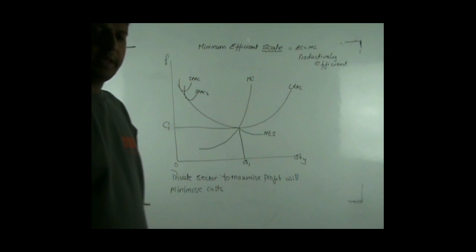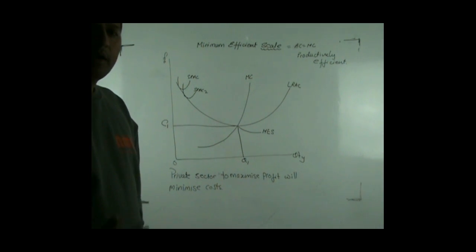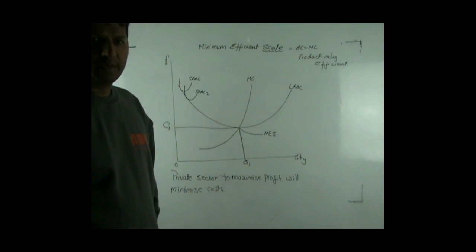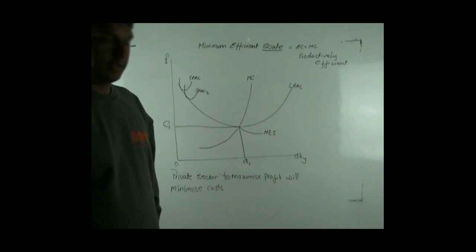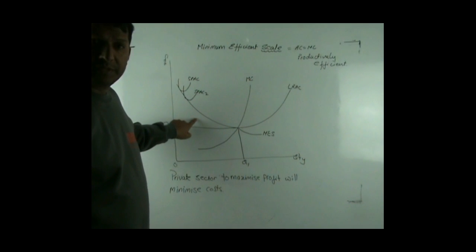But what do you think is the biggest drawback of public sector organizations? Inefficient, because they're not profit driven. So they have no incentive of reducing LRAC.